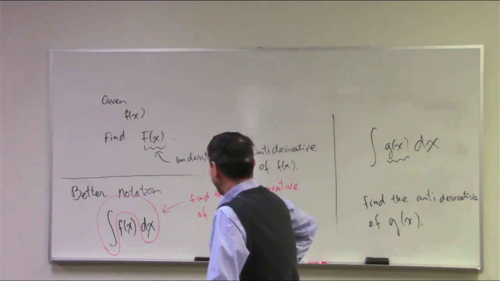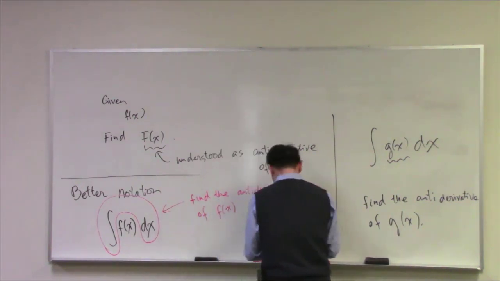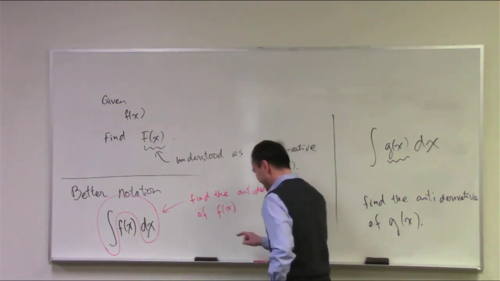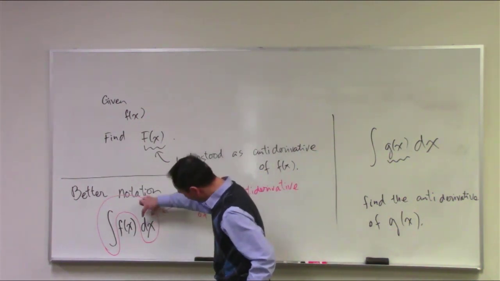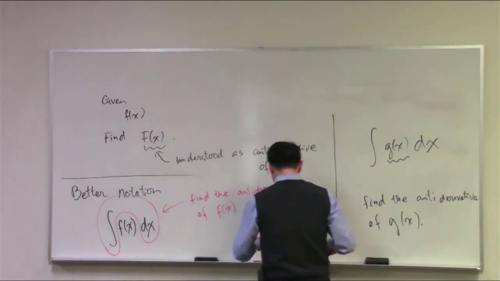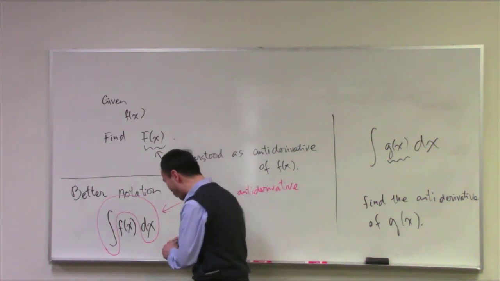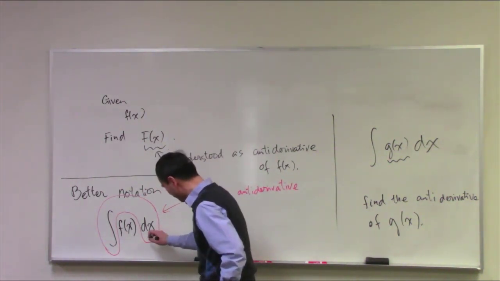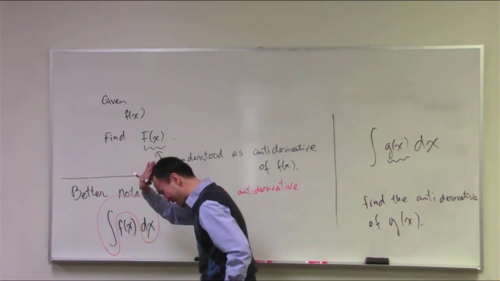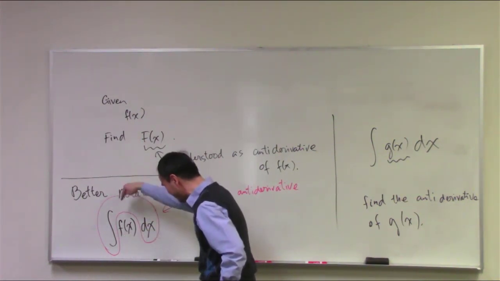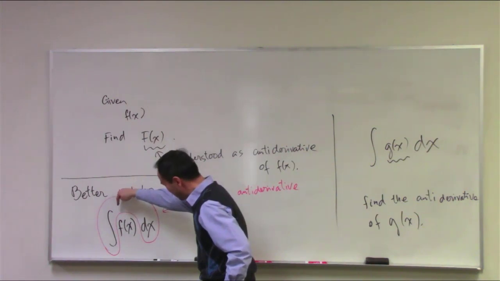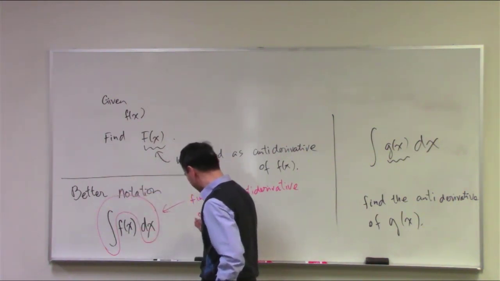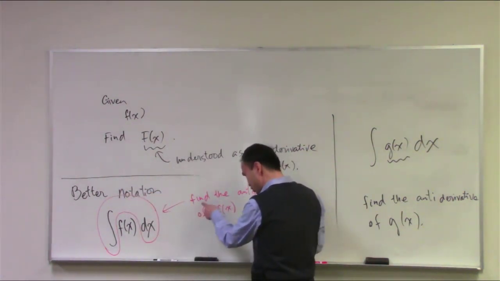Okay. And a little more. The d thingy right here, I'm now introducing that symbol. There's also a whole intention for why there is a dx here. Right now, like I said, I only want you to think of this as a notation representing an instruction.